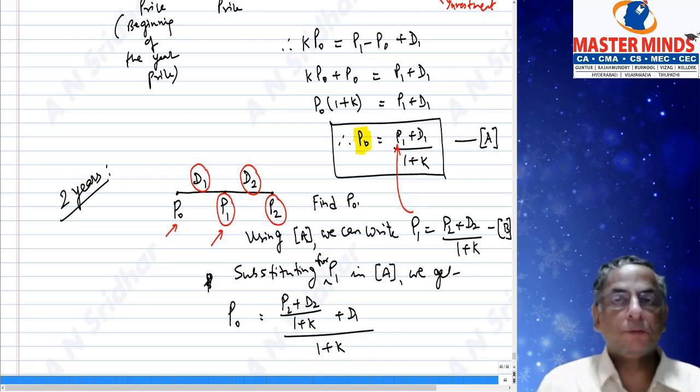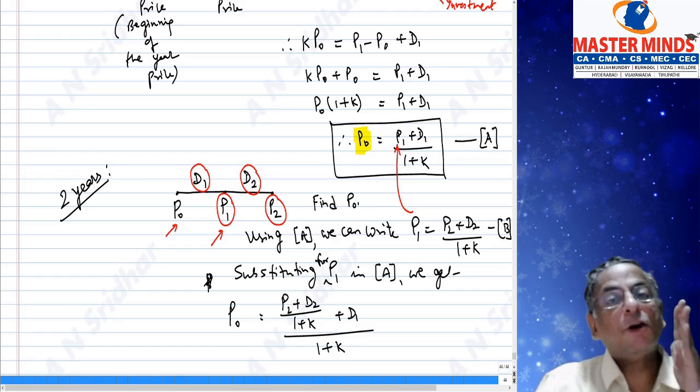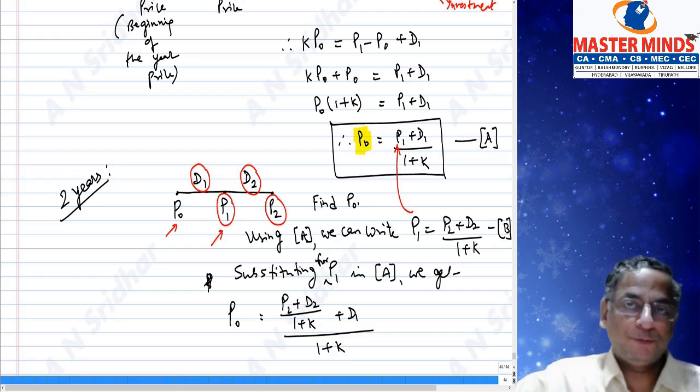Now you can see there is no P1 term. We have got P0 in terms of P2.